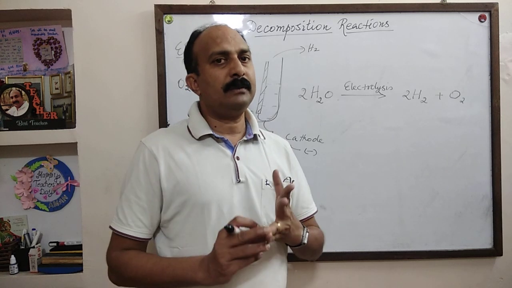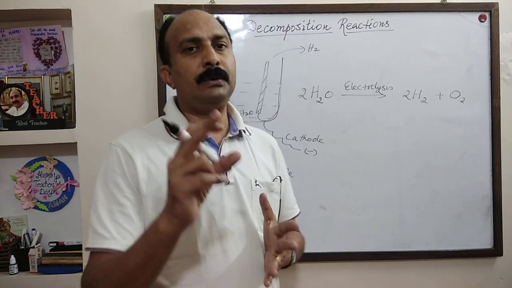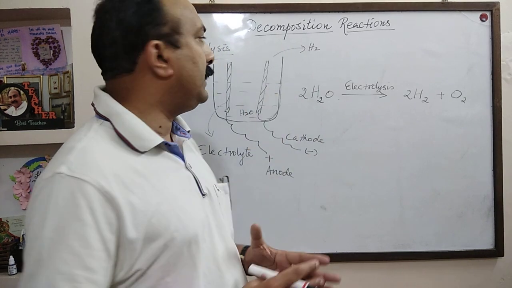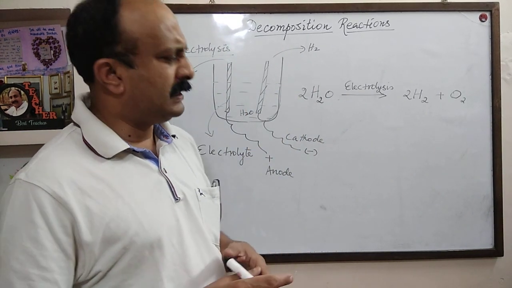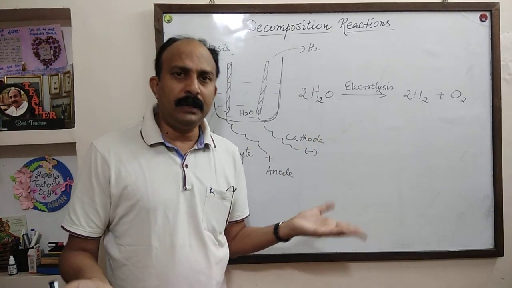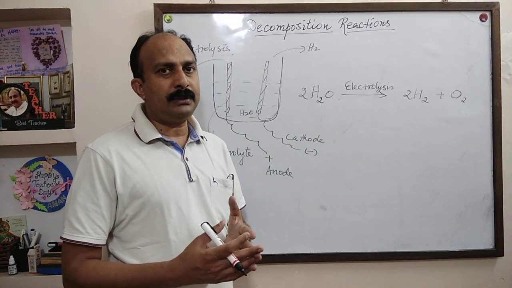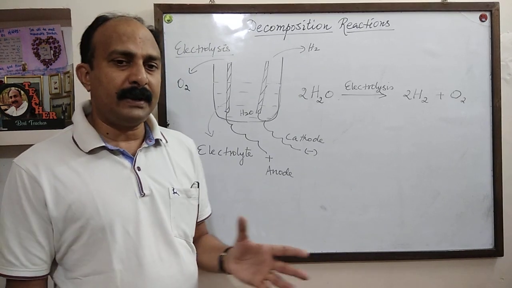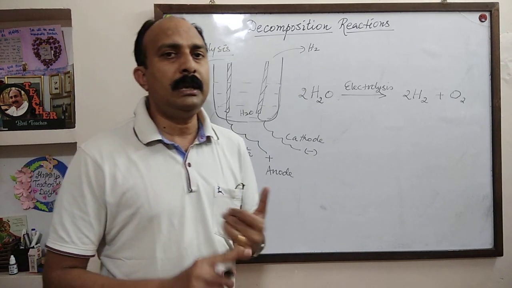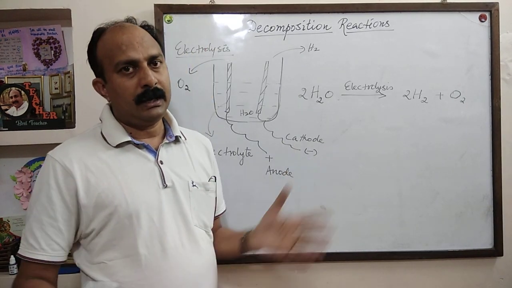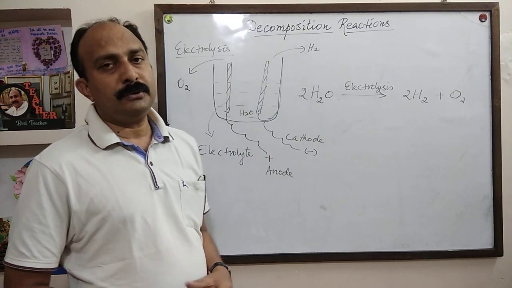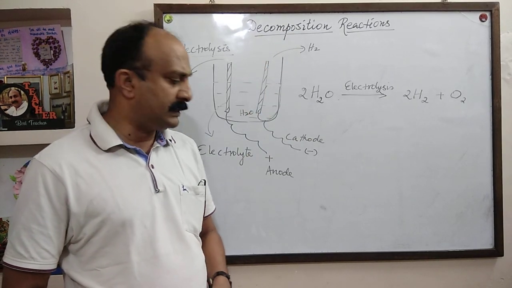So the second type of decomposition reaction is decomposition by using electricity. Example, electrolysis of water. Similarly, electrolysis of sodium chloride. In the same way, take sodium chloride solution in an electrolytic cell, pass electricity, you will get sodium and chlorine. Another example of decomposition reaction by using electricity.